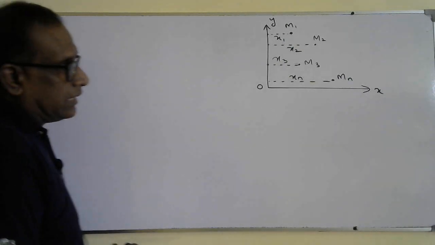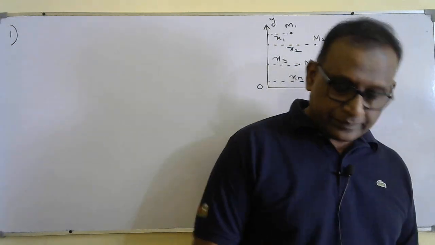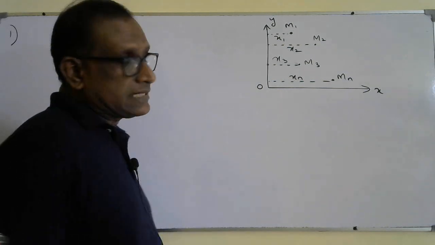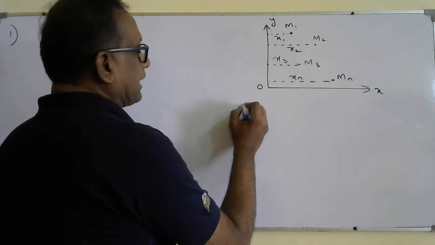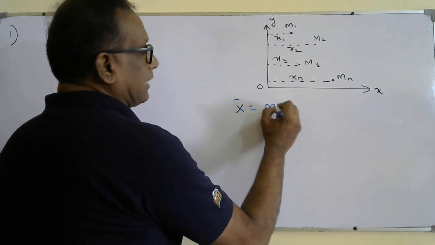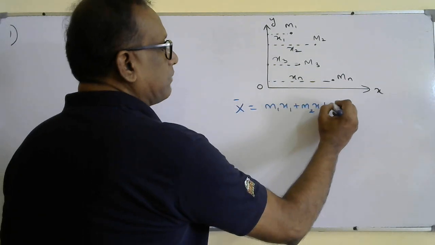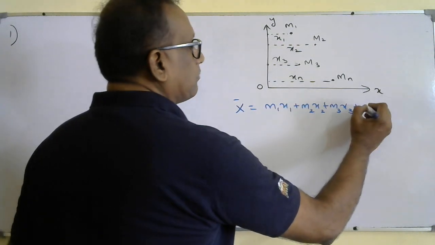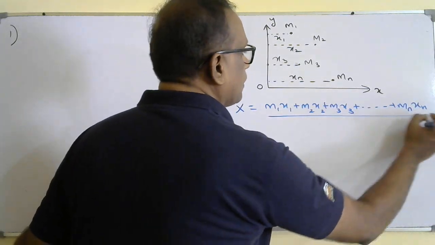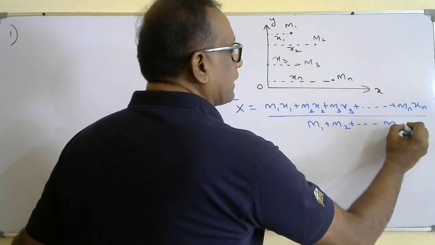Okay, so again, there is one more thing you had better know. There are n particles in a system available on a plane. The x coordinate of the center of mass of this system of particles is given by x bar is equal to sigma mi xi, that is m1 x1 plus m2 x2 plus m3 x3 plus up to mn xn, over m1 plus m2 plus up to mn.